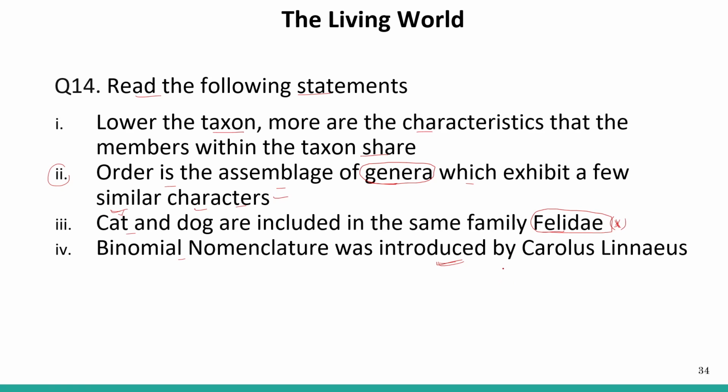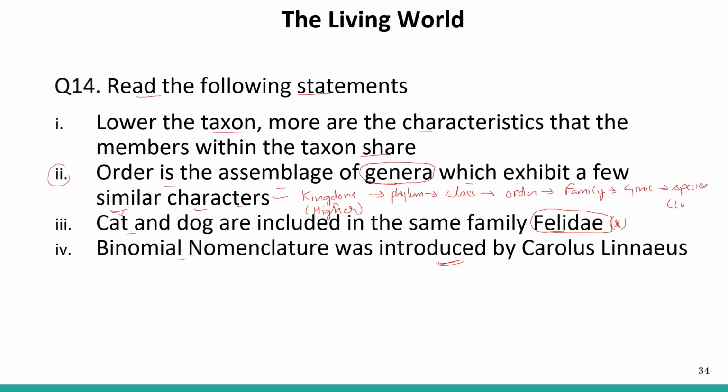Again, we have to draw the taxonomic hierarchy to explain this. First we have the kingdom, which is the highest category. Then we have the phylum. After phylum, what do we have? Class. Then order. Then family, genus, and species.